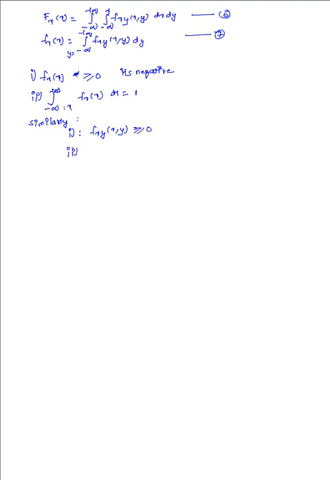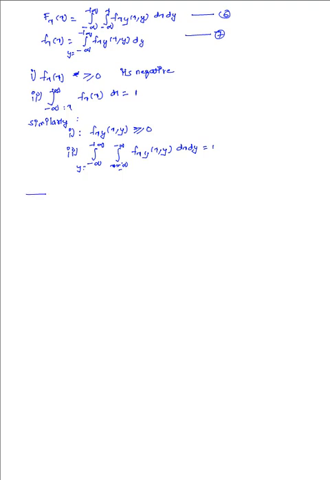The second property is the integral from minus infinity to infinity with respect to y and with respect to x of the joint probability density function f_XY of x comma y dx dy is simply equal to 1. So these two properties again hold good for the joint probability density functions also. So by understanding these two properties, let's conclude this session.